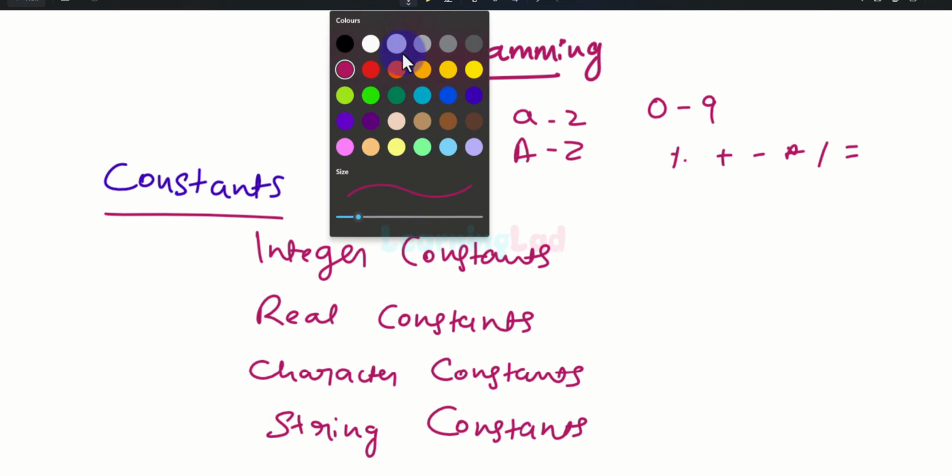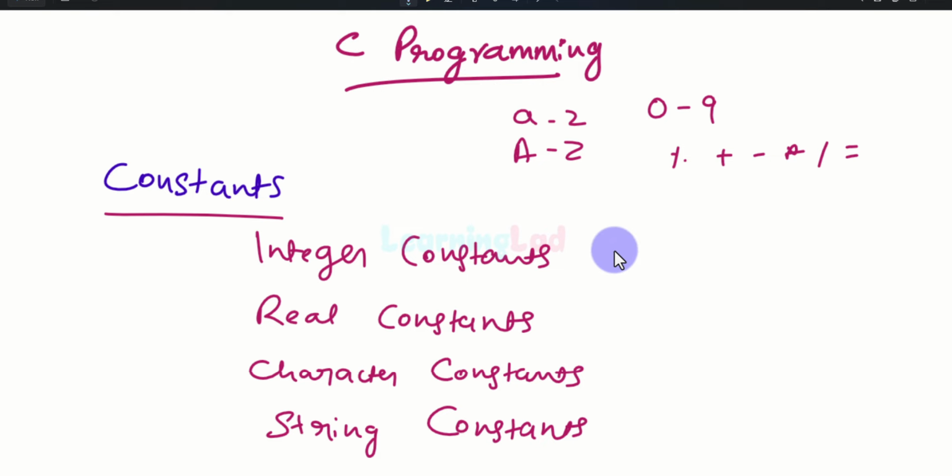These integer constants are nothing but the whole numbers. For example, if we have the number 8, then it is always 8. It cannot be modified. Similarly, we have negative 15 or 23 or 1504. These integer constants are these whole numbers.